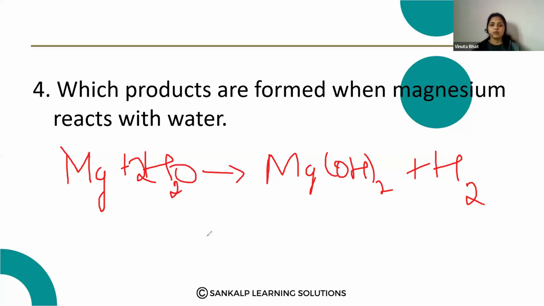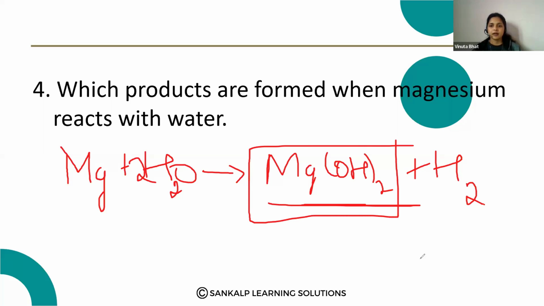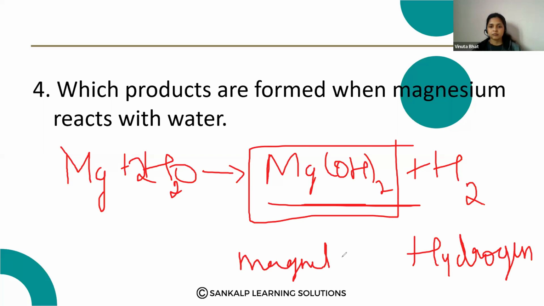Hydrogen is released. So the products are magnesium hydroxide and hydrogen. Okay, so these are the products.